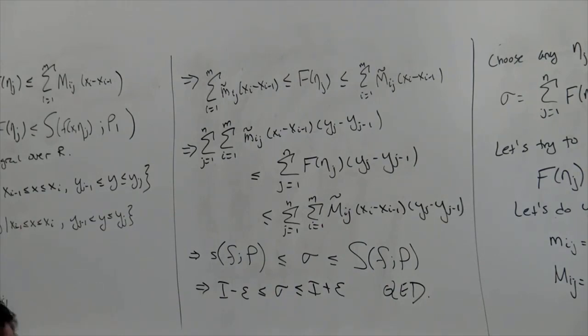Questions? Yeah? Can you explain how we figure out that the Mij tilde is less than or equal to M? Why do we know that? So this is an infimum of the values of f everywhere over this whole rectangle. Now one of the points in this rectangle is to take y equals a to j.